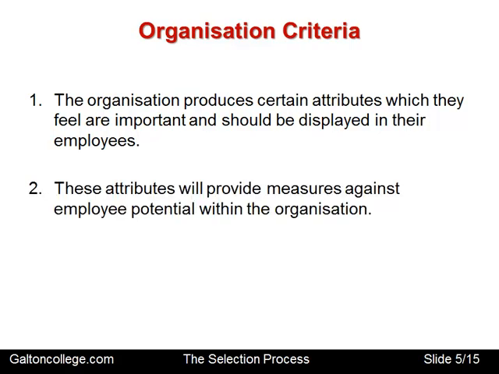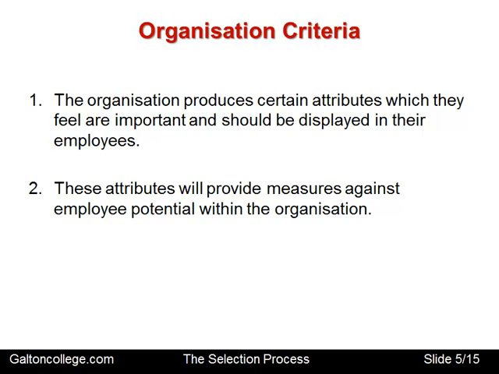These attributes will provide measures against employee potential within the organisation. So to some extent, the progress of the individual within the organisation can be measured by the extent to which the individual fits in with the organisational goals.